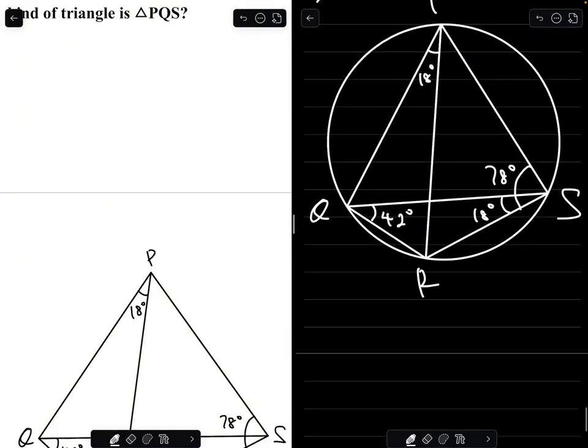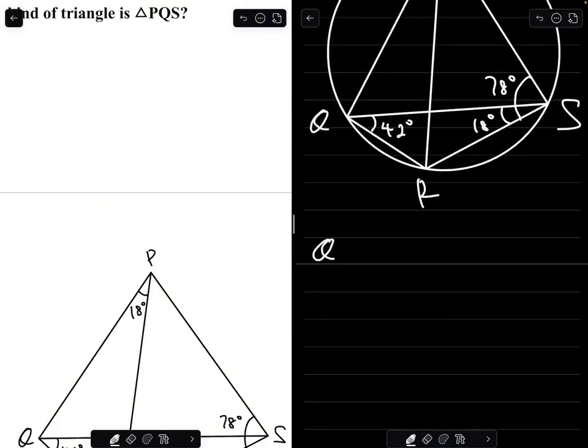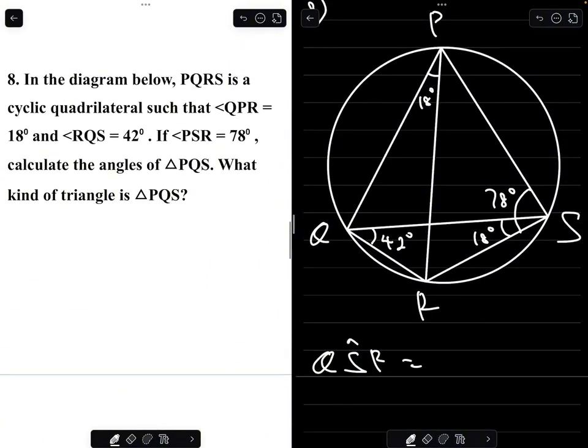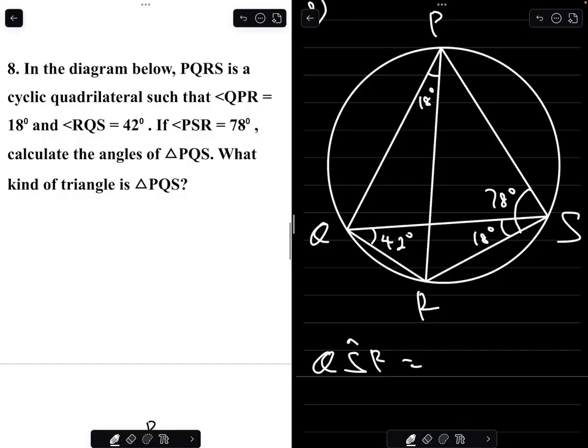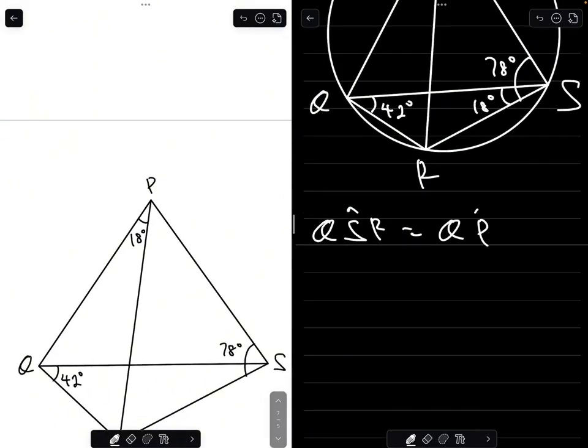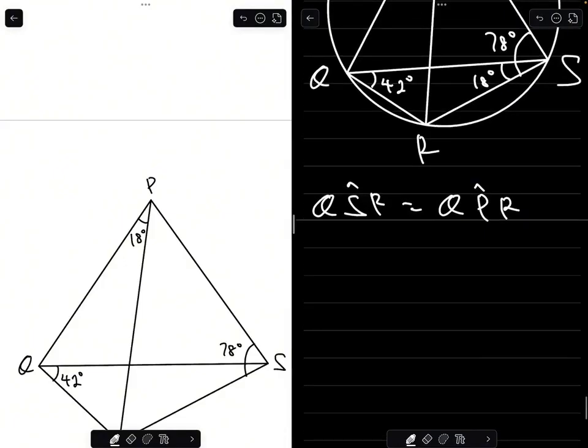So angle QSR is equal to angle QPR, which is 18 degrees, and the reason for that is angles in the same segment.